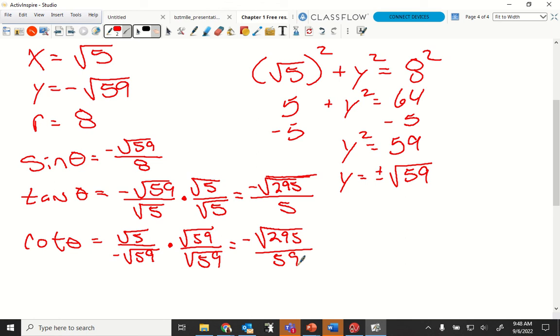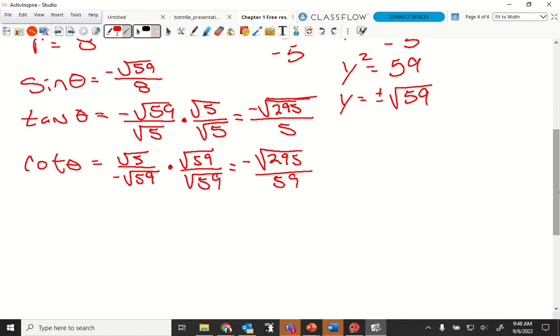Sine, tangent, cotangent. Let's go down the reciprocals now. Secant, cosecant. Let's go cosecant. So what does cosecant represent? R over y.